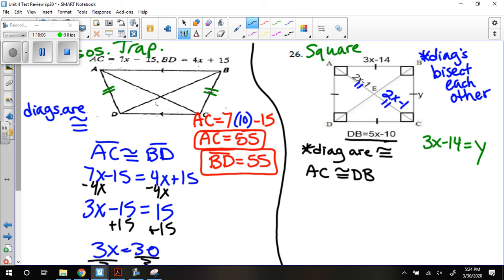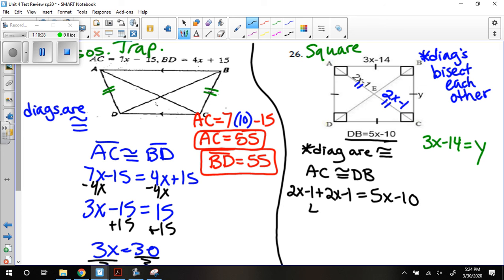So to figure out what AC is, I can add up the two pieces of A to C, which would be 2x minus 1 plus another 2x minus 1, which will equal DB, which I just underlined, which is 5x minus 10.